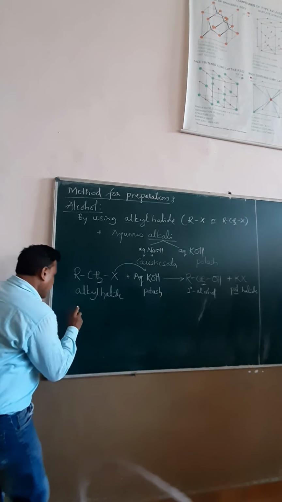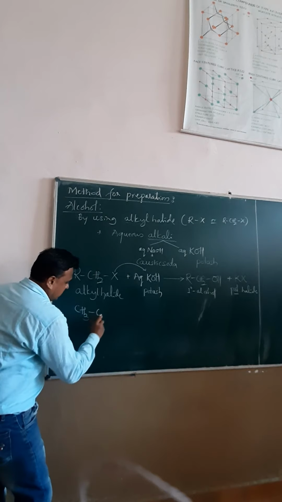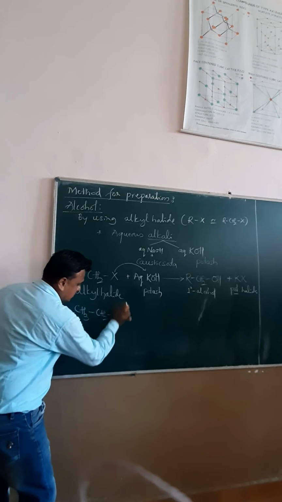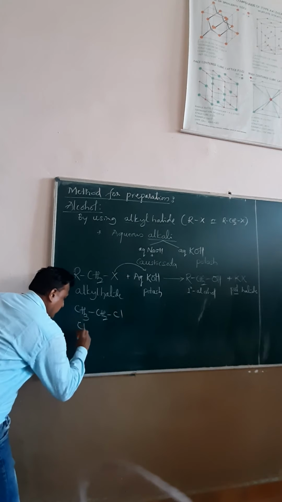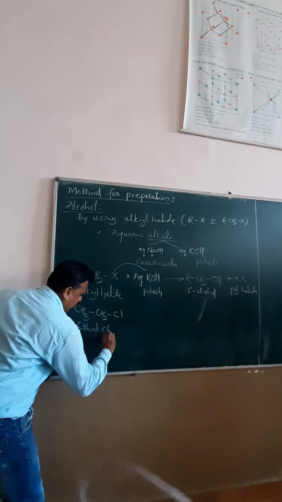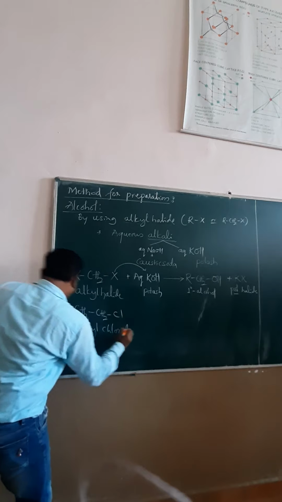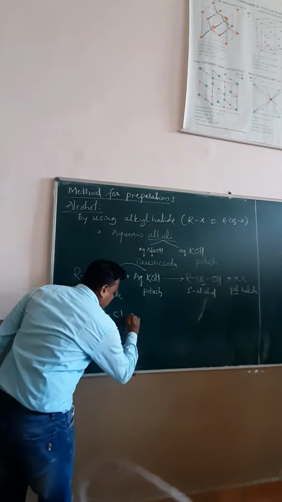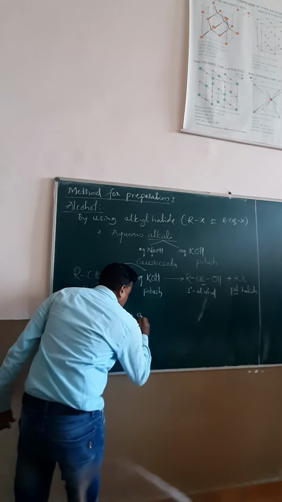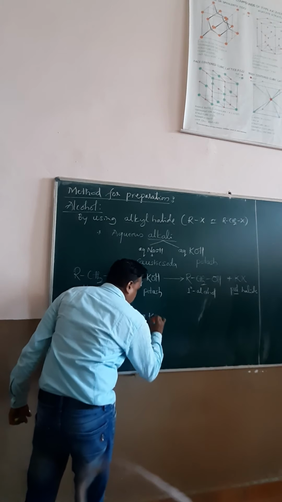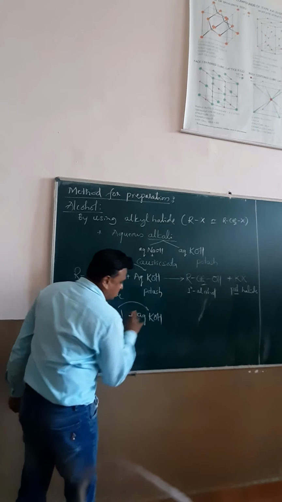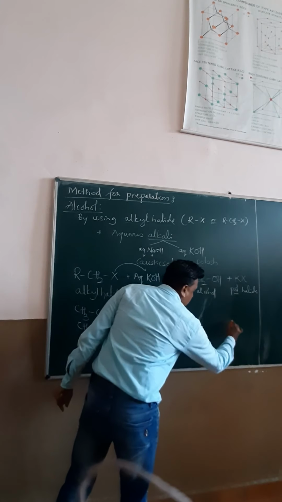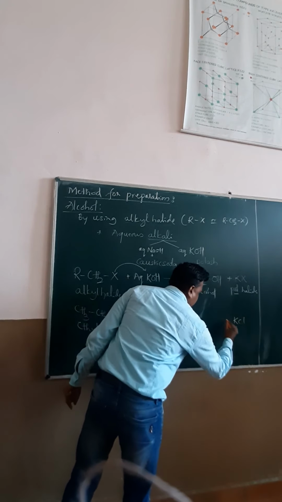Let us consider an example: CH3CH2Cl. The name of this compound is ethyl chloride. When ethyl chloride is reacted with aqueous potash, KOH, once again the halogen is removed as KCl, potassium chloride.